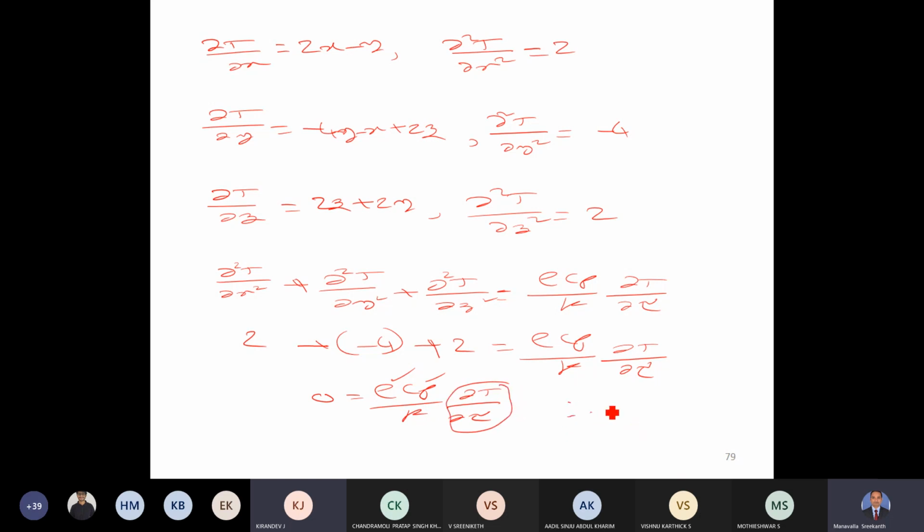So to conclude, we can say that the temperature does not change with time at the given instance. We are given some instance, and at that instance we know it doesn't change.